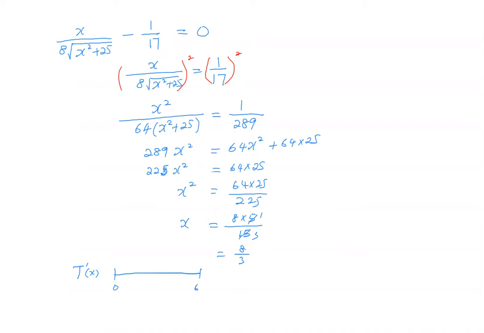So this is approximately 2 2/3, approximately 2.67, right? So you justify whether it's a maximum or minimum. I believe this is a minimum. Am I right?